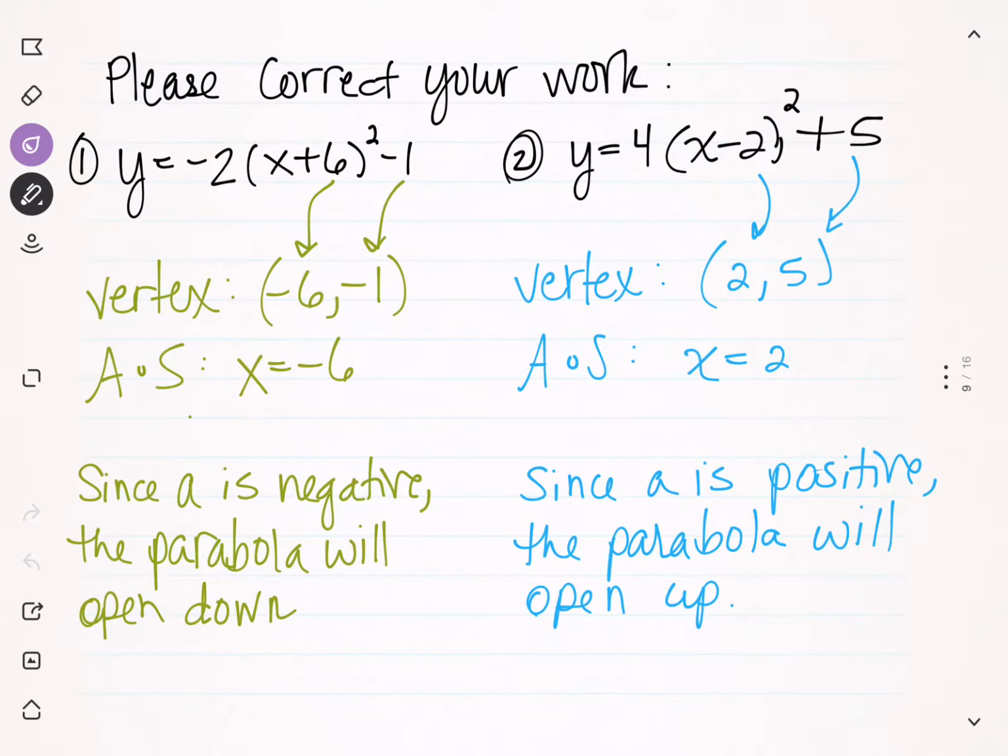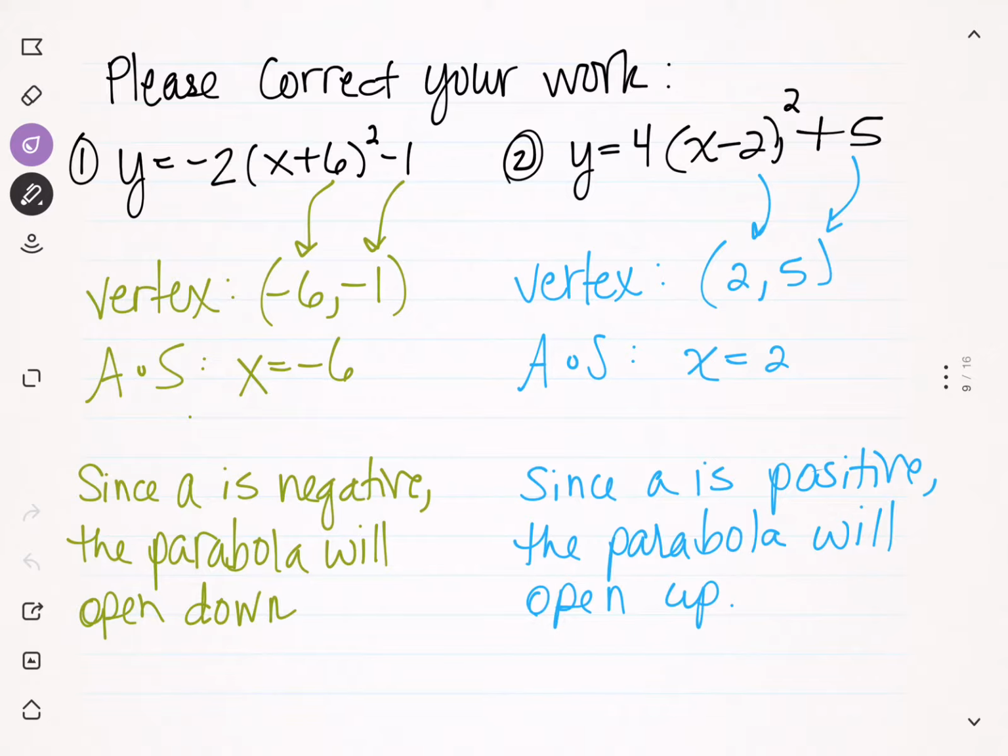Okay, so let's look at the answers here for 5 and 6. When we look at problem 5, we have y equals negative 2 times the quantity x plus 6 raised to the second power, minus 1. So our vertex is going to be at negative 6, because it's the opposite of what you see in the parentheses, and then negative 1.